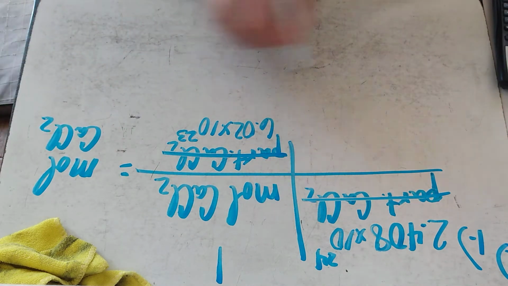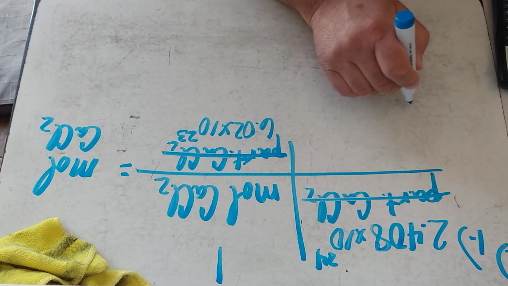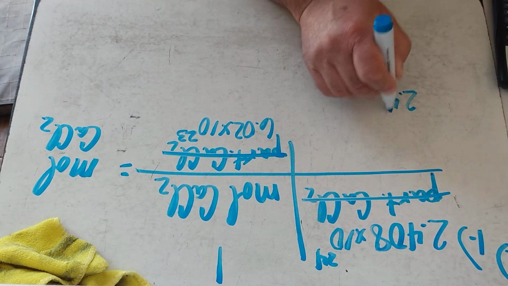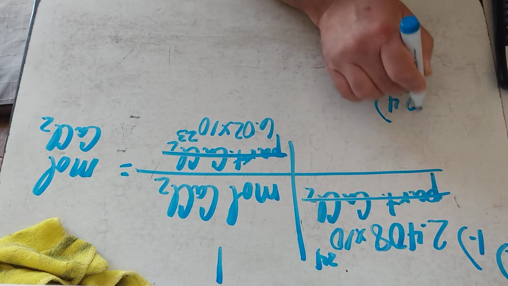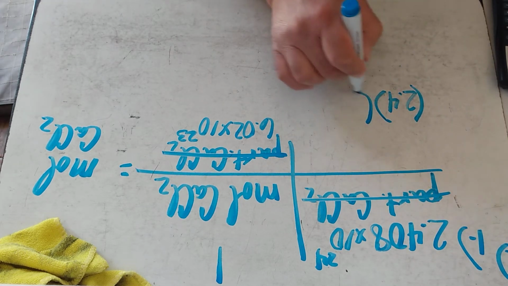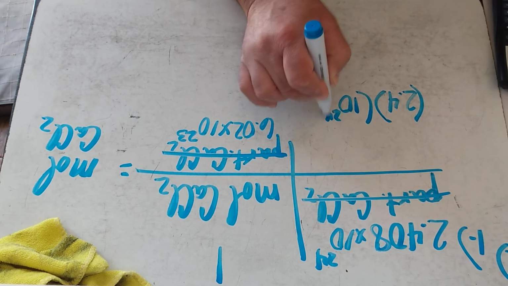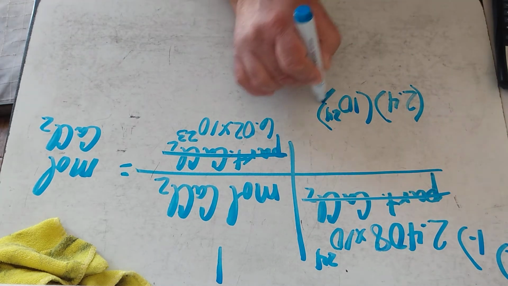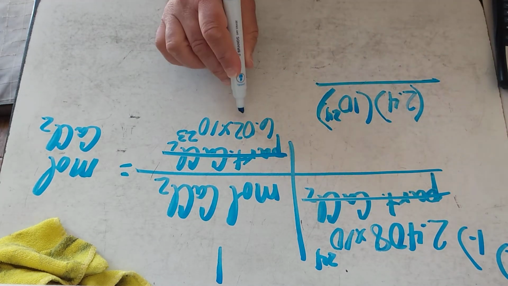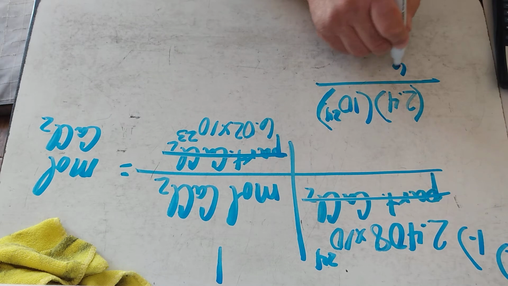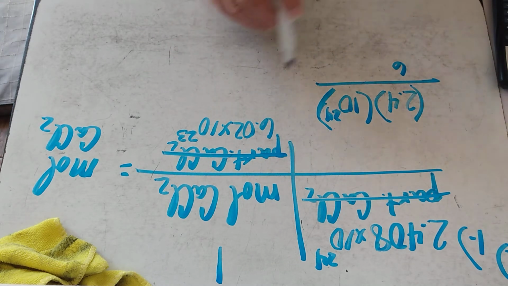We're now going to bring the numbers down. So let's bring the numbers down. So we have 2.4, and I'm going to put that in parentheses, times 10 to the 24th. All over. And now we have 6.02, okay?